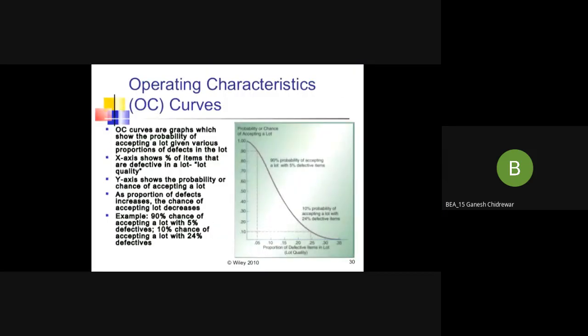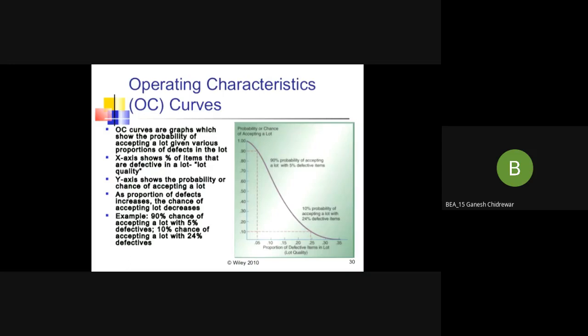On the x-axis is the lot quality, the proportion of defects, and on the y-axis is the probability of accepting the lot.